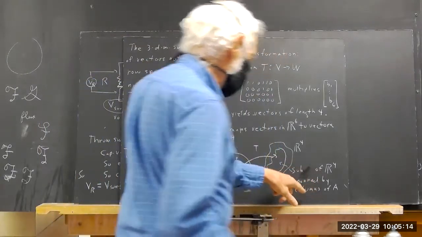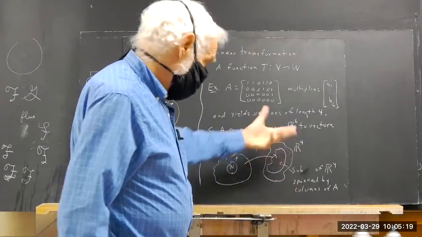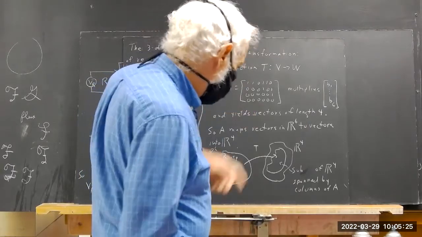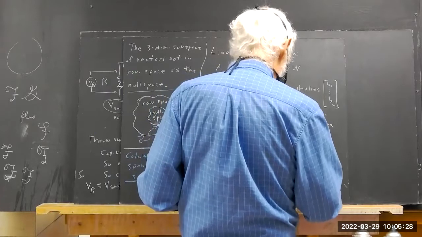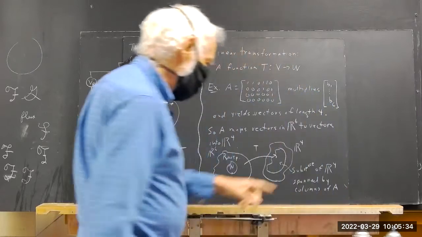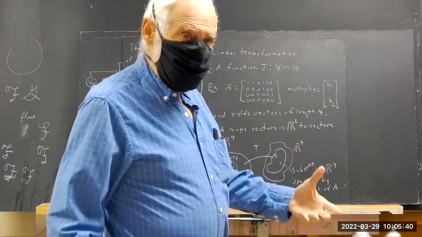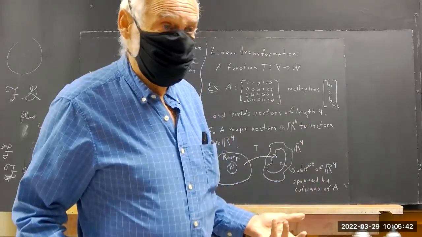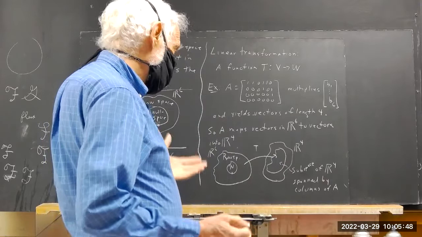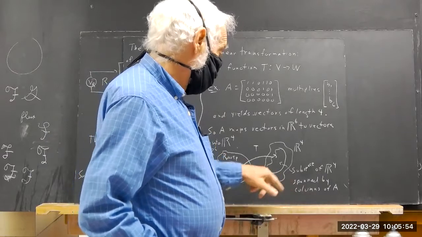I call this the subset of R4 spanned by the columns of A because every column of A appears over here. I'll show you how you prove that. I call it a subset, but you can use stronger language. It's a subspace because a subset spanned by a set of vectors is always a subspace. And again, you should be able to easily prove that, okay? So it's the image of the column space.